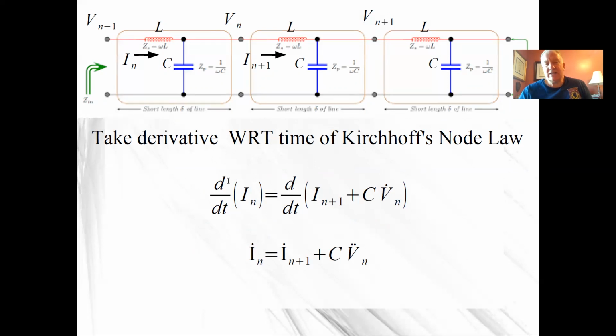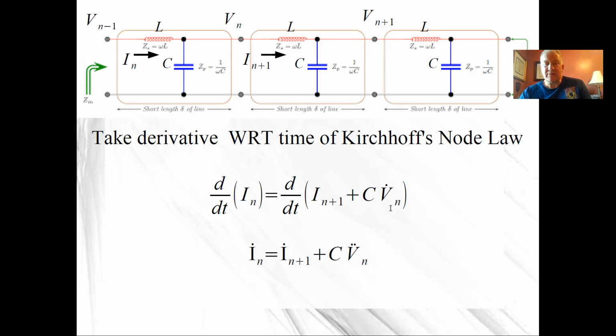So I'm going to take the time derivative of I_n, which is equal to the time derivative of I_(n+1) plus C times the second time derivative of the voltage.